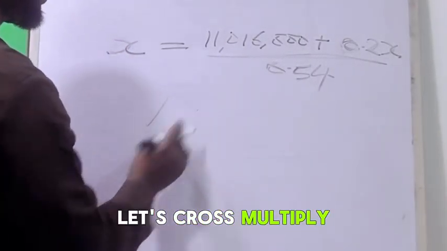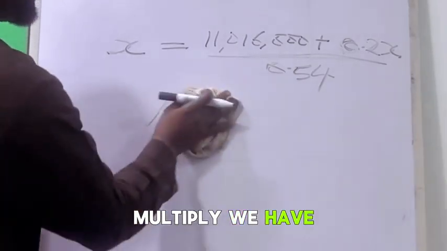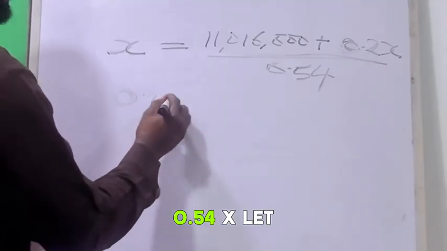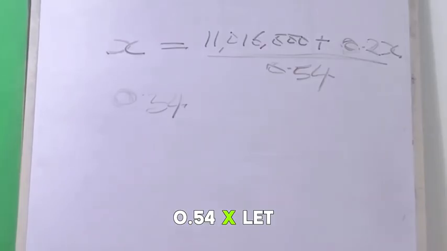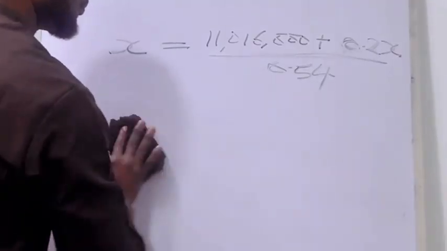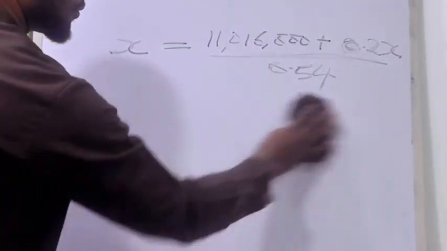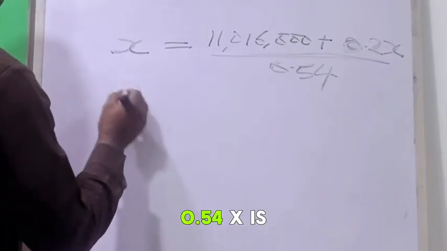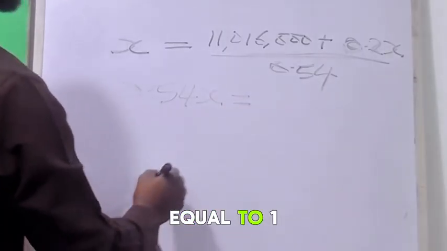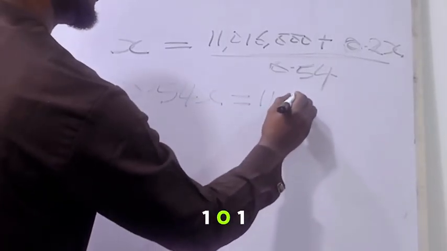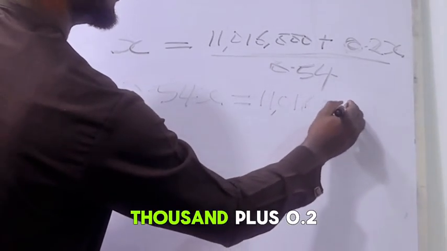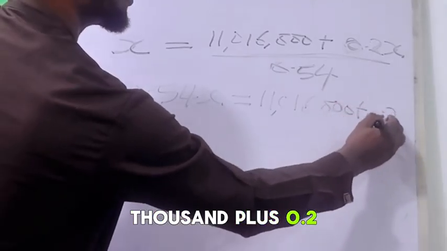So what do we do? At this point, let's cross multiply. If we cross multiply, we have 0.54x is equal to 11,016,000 plus 0.2x.